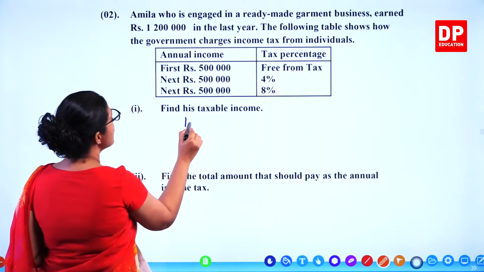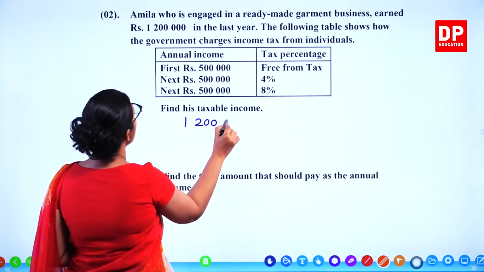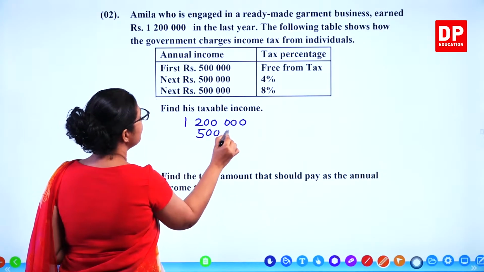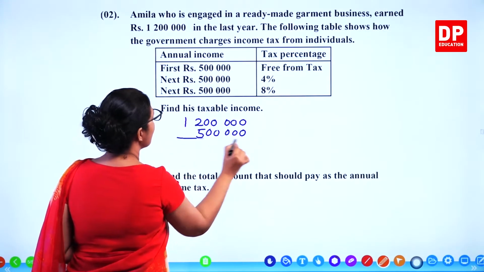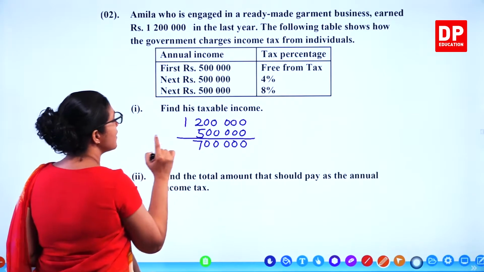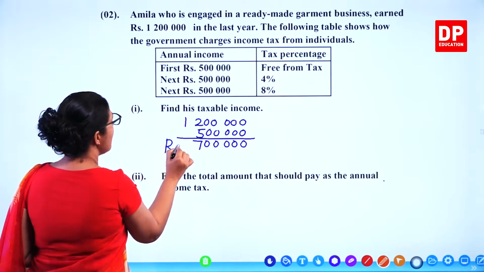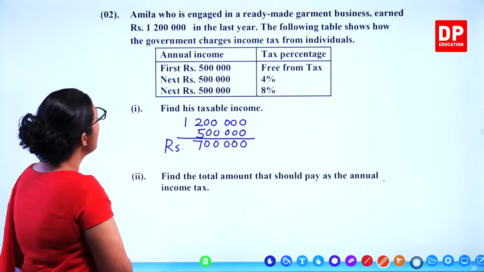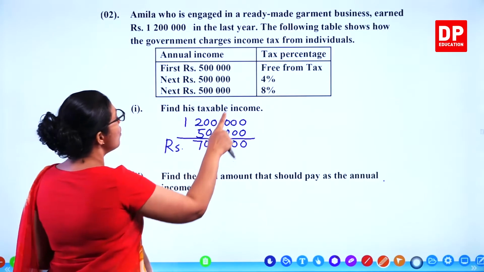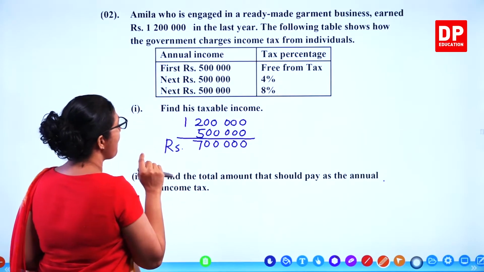So we have to first subtract 500,000. So you get 700,000 rupees. That's the amount. Then for the next 500,000 you have to pay 4%.